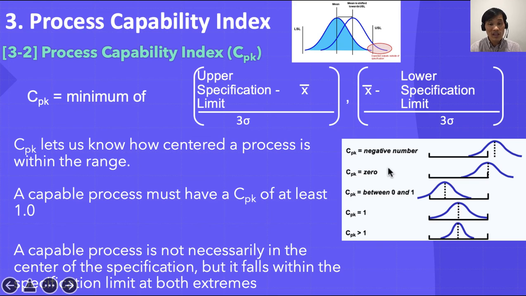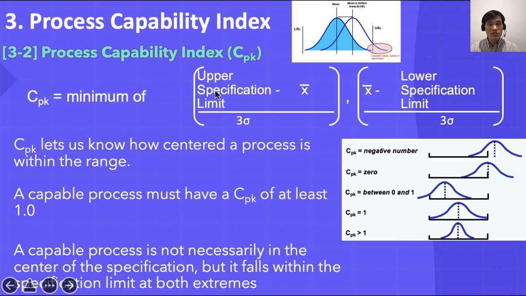However, if Cpk is negative, then what does that mean? There's only one case when it can be negative: X bar minus lower specification is less than X double bar, right? So this one is lower than X double bar. That's why it's on the far right here. However, if it is 0, then X bar and this one are the same, then the center line is on the lower specification. If Cpk is between 0 and 1, that means it's positive, right?